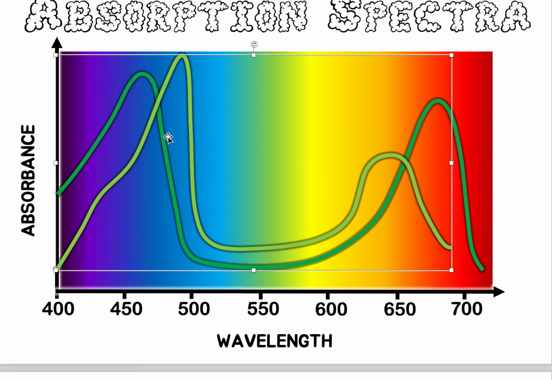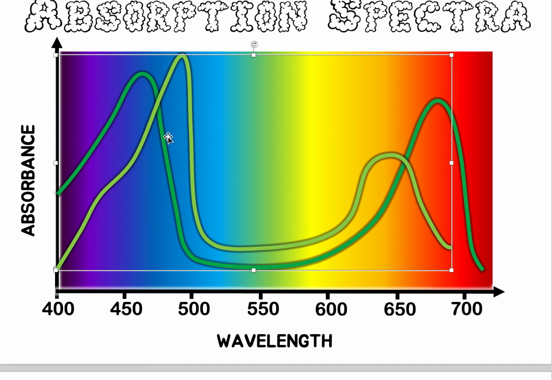Now, done with that, let's go to the carrot. The carrot has the carotene, remember? Carotene looks like this. This pigment absorbs blue really, really well. And guess what it doesn't absorb?